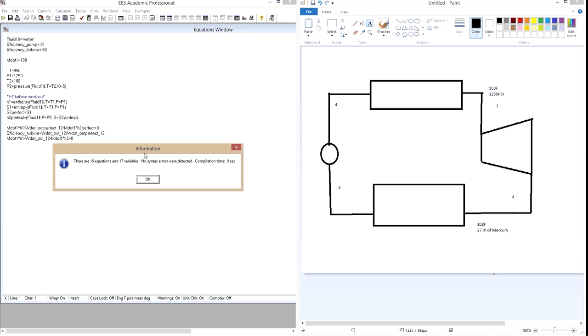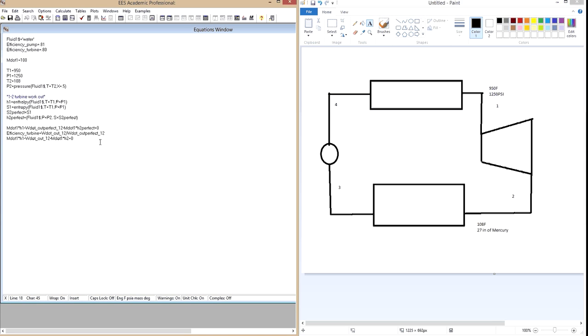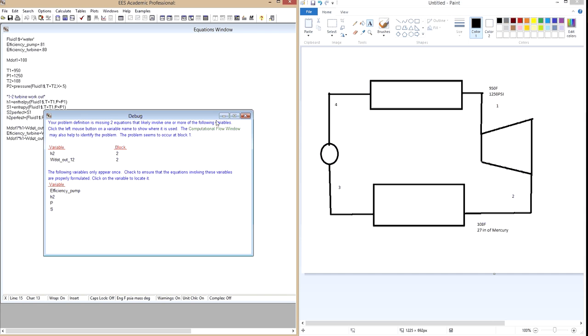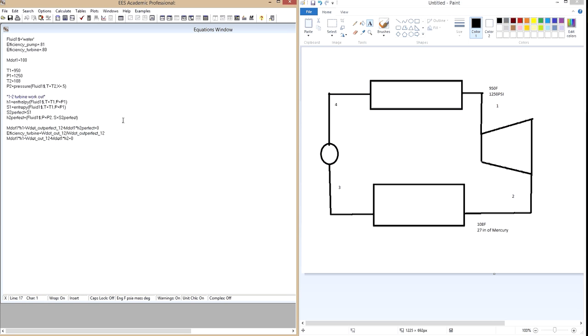Let's check. 15 equations, 17 variables. So I'm obviously missing something here. Let's double check.